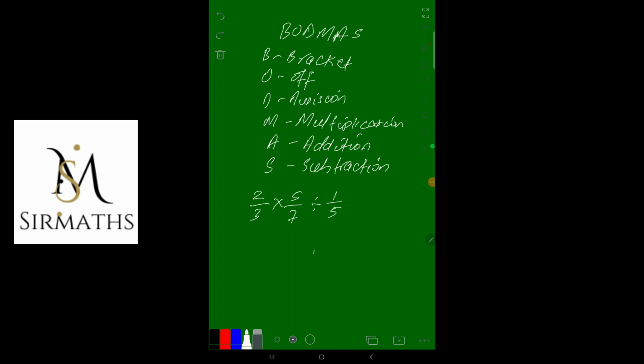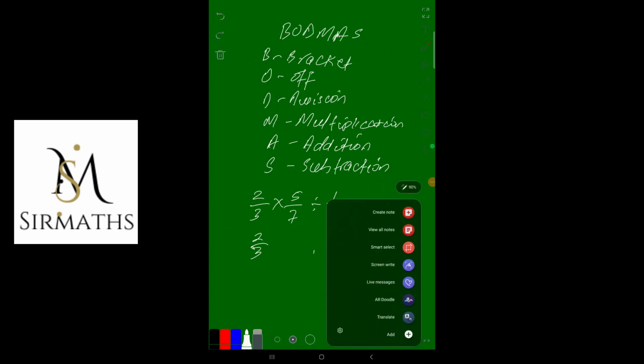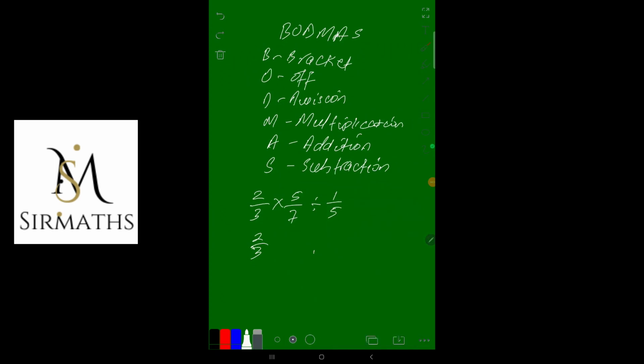From what we have in this BODMAS, we discover that division comes before multiplication. We follow it that way. And now in our solution, we say 2 over 3 times 5 over 7. Then we divide by 1 over 5.